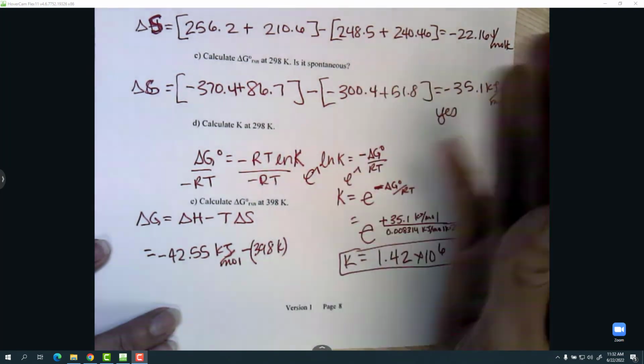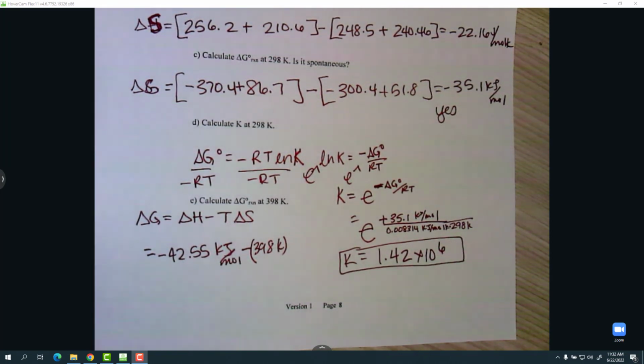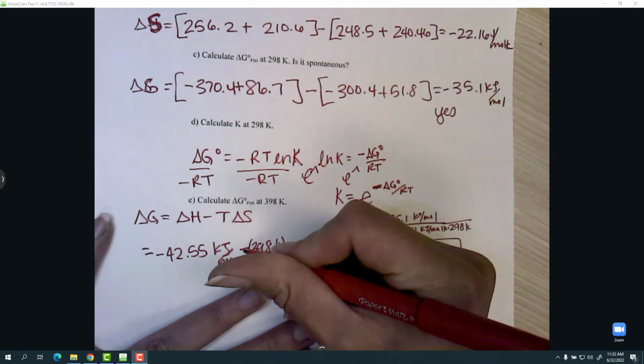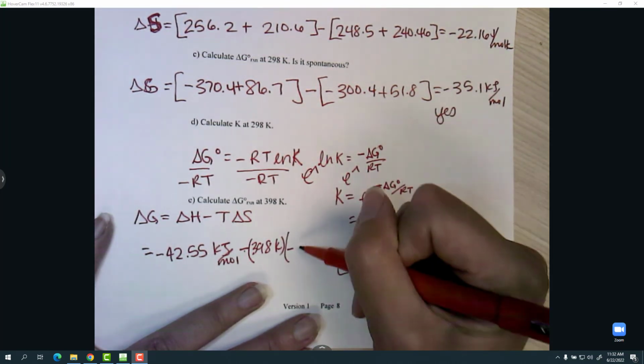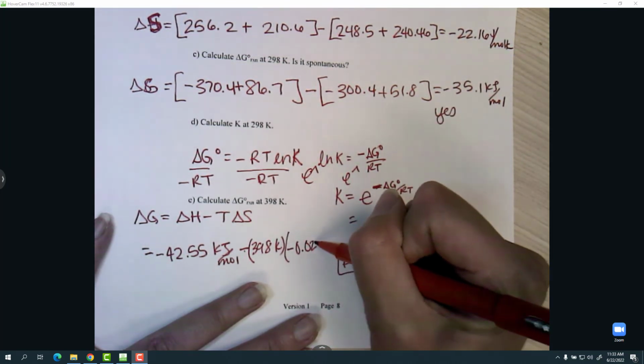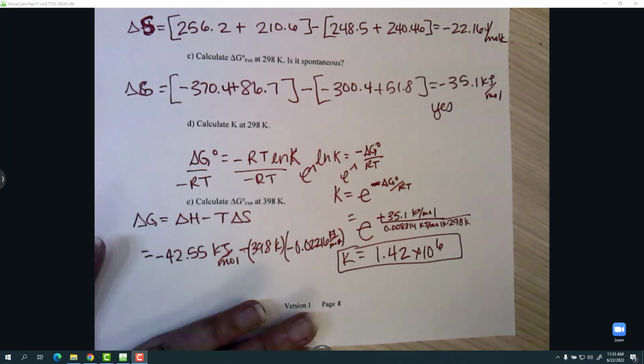And so just anything like this, just be really aware of the units, making sure that the units will cancel. So I want the units to cancel here, so I'm going to leave them in kilojoules. So I'm going to convert this S to kilojoules. This is a negative from the equation, but there's a negative as well. So make sure I get that, 0.02216 kilojoules per mole Kelvin.